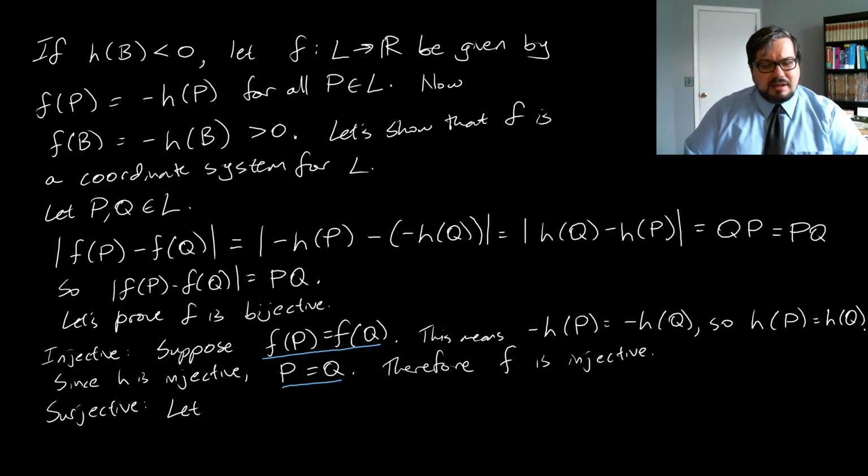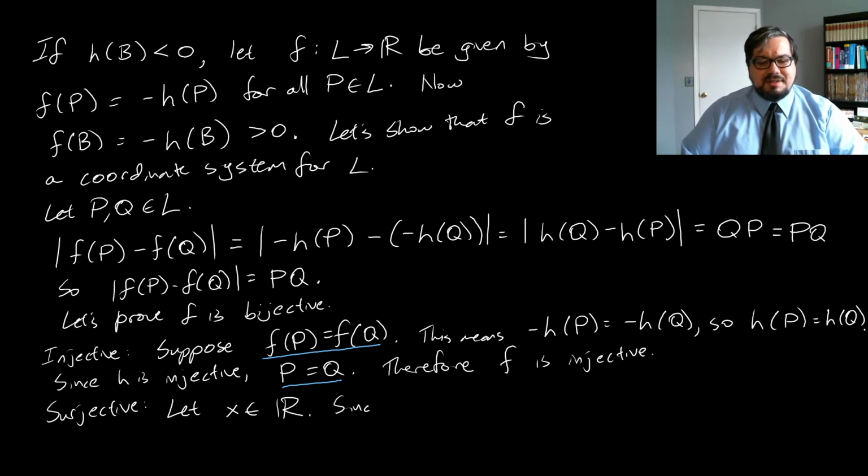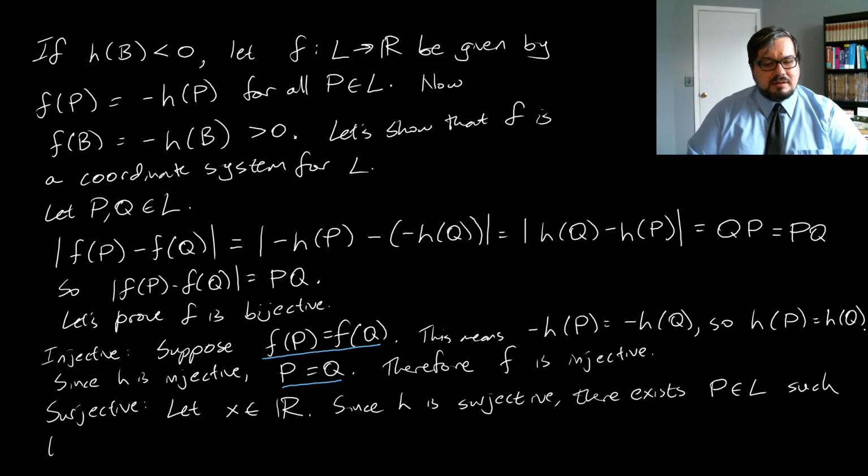So let x be in R. Since h is surjective, there exists some P in L such that h of P equals negative x.